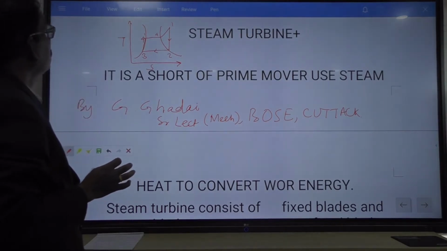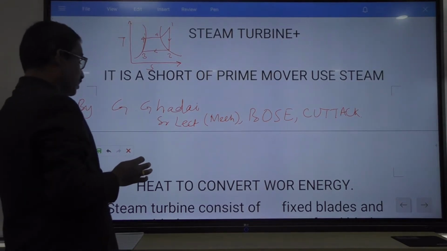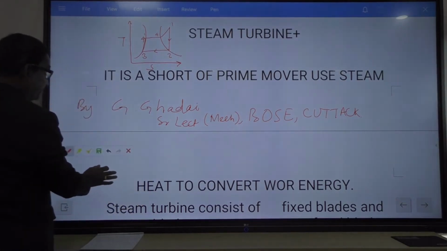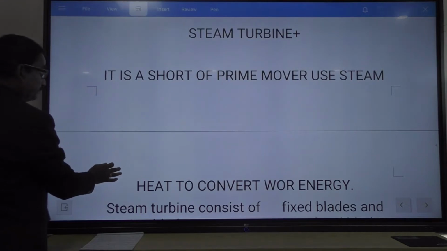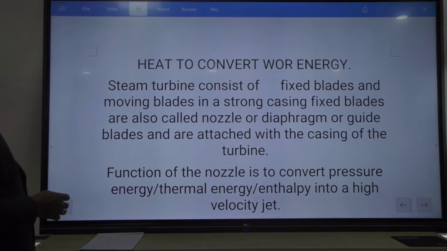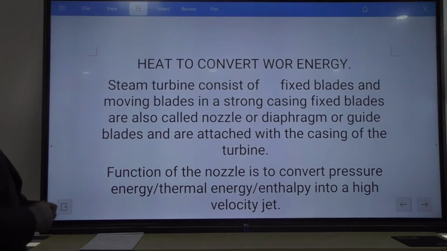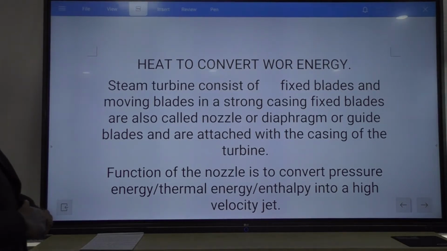Now, let us see how heat is converted to energy. The steam turbine converts heat to work energy, that means low grade energy to high grade energy. Heat is a low grade energy and work is a high grade energy. About the construction, the steam turbine consists of fixed blades and moving blades.